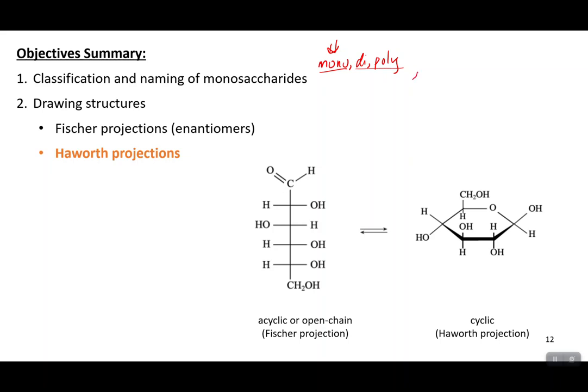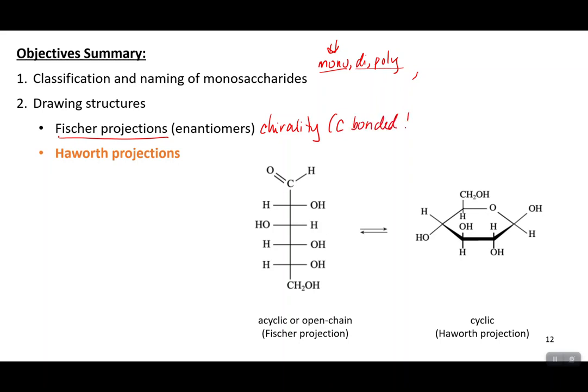And then we also defined the number of carbons in it as a triose, tetrose, hexose, and so on. Then we looked at how to start drawing their structures. We specifically looked at Fischer projections, where we had to talk about enantiomers because these carbohydrates contain what we call chirality centers. And chirality centers are defined by a carbon being bonded to four different groups.